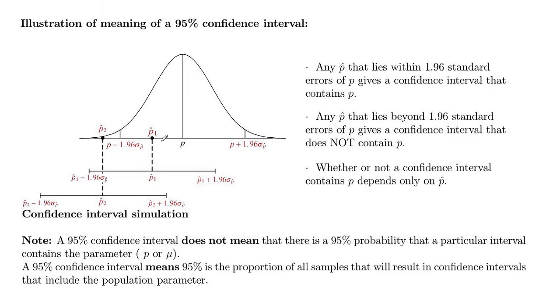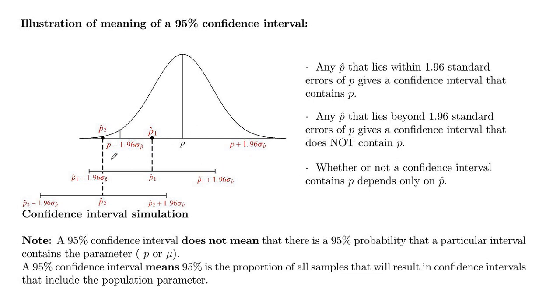Here's our sampling distribution in the middle. Population parameter P plus 1.96 standard deviations, P minus 1.96 standard deviations. Any P hat that lies within 1.96 standard deviations gives a confidence interval that contains P. So this P hat is between these cutoffs.